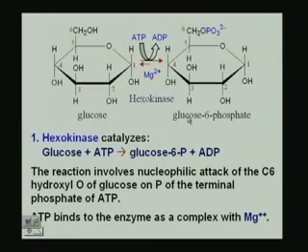The glucose going to glucose 6-phosphate has a positive delta G. The ATP to ADP has a negative delta G. A coupled reaction will give a favorable forward reaction, and the reaction involves a nucleophilic attack of the hydroxyl OH attached to carbon 6 on the gamma phosphate of ATP, resulting in the formation of ADP. The enzyme involved is hexokinase.